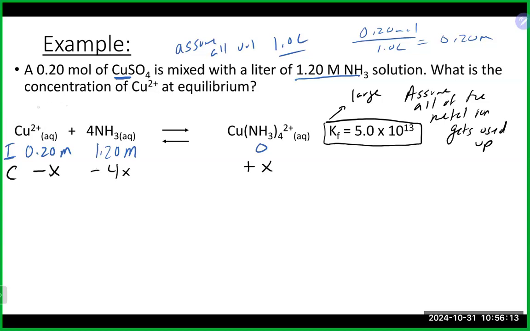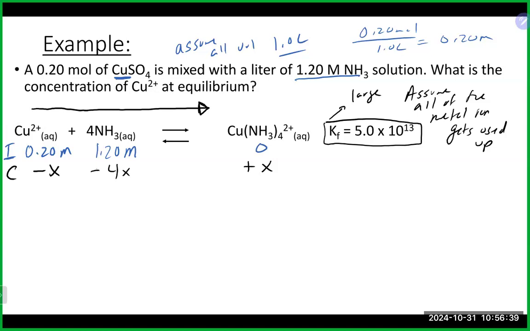Because of the large value of K, even though it is a reversible reaction, it is almost going to be like a one-way reaction heading towards the product side. We assume it's all going to drop out on the product side. It's all going to go one way.